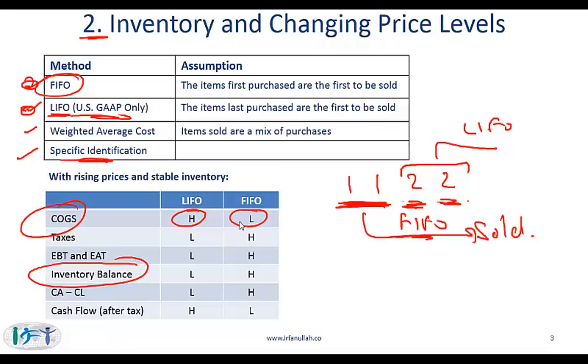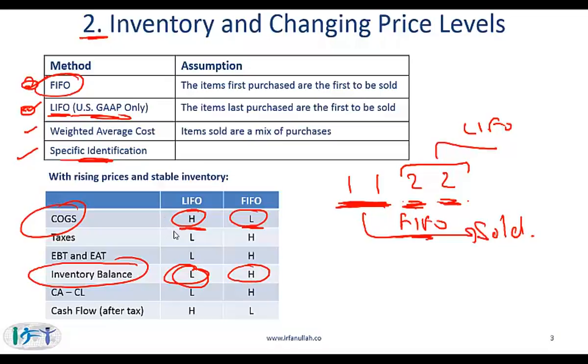So COGS is going to be low with FIFO and high with last in, first out. Inventory balance is going to be the other way around. It's going to be low with LIFO and high with FIFO. If you want to remember this, then just remember that inventory balance low with LIFO, L for low, L for LIFO. If you remember that, then everything else just falls in place, because then FIFO inventory will be high and then the COGS is the other way around.